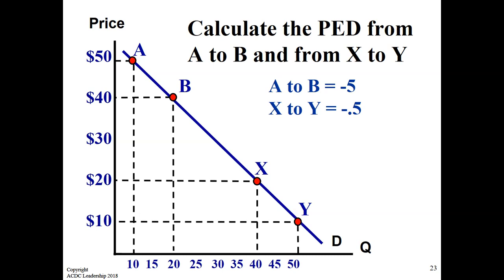And then if we're doing the price, we're doing A and B here. So the new price is 40. And by the way, for demand, it's absolute numbers. So it's 40 minus 50 over 50. Did I screw this up somehow?